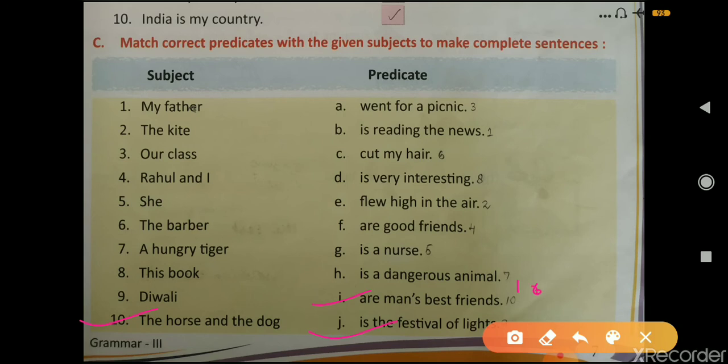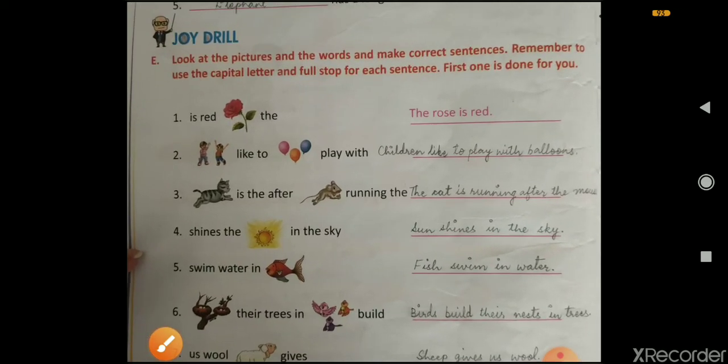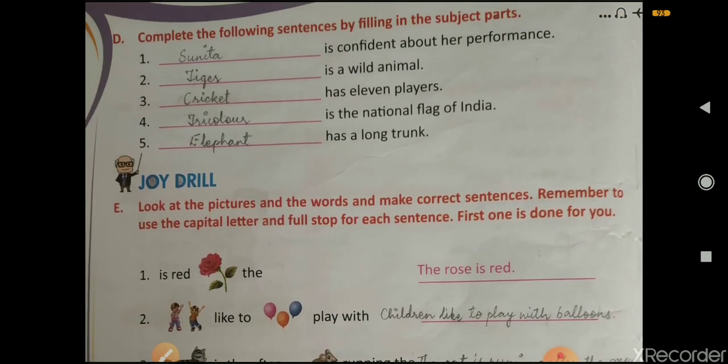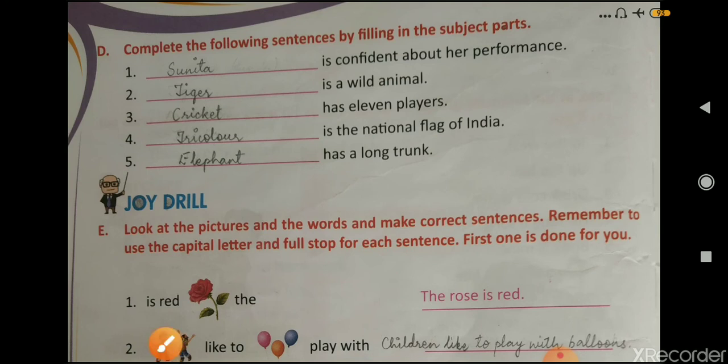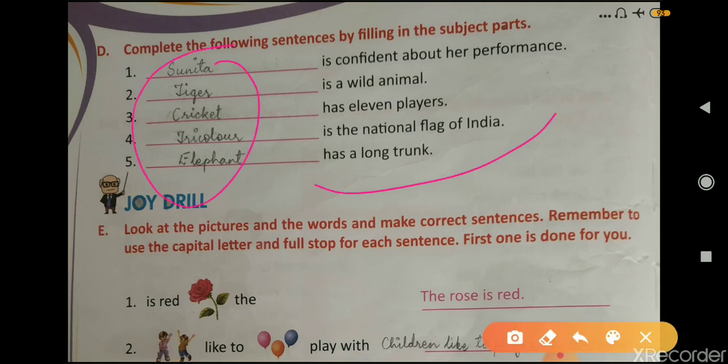Okay, so this is exercise C. Now next exercise on page number 8. Complete the following sentences by filling in the subject part. You have to fill the subjects for these predicates. First one is, dash is confident about her performance. So you can write here Sunita.